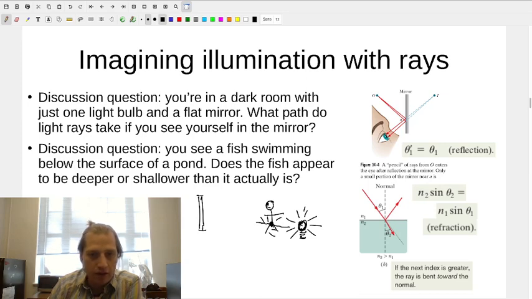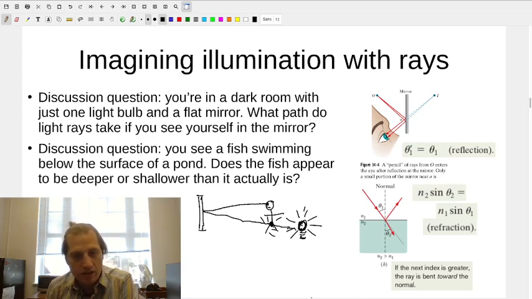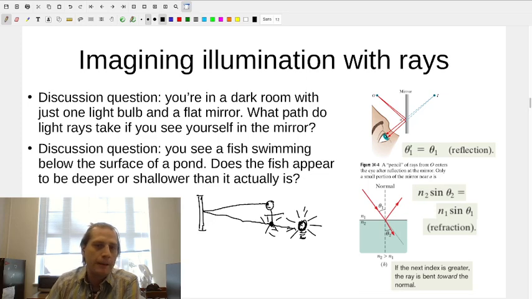The light that you're seeing is light that has bounced from the light bulb onto you, then bounced from your tummy to the mirror, and then bounced into your eye. Okay, so it's not super profound, but there are a couple different steps that occur.